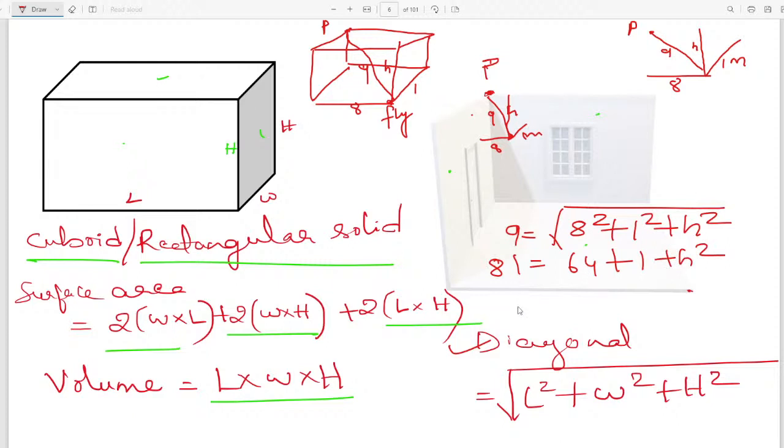If I bring this here, H square is equal to 81 minus 64 minus 1. So this would be 16, and H would be 4. Root of 16, that is 4. I hope this is clear.